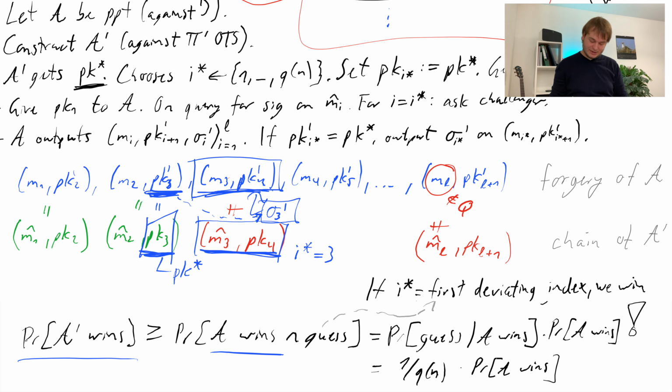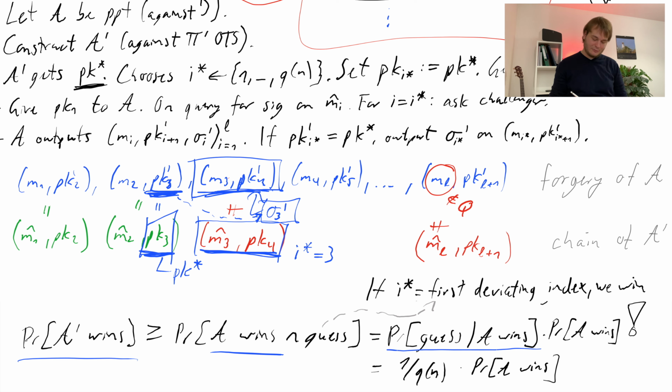And then we can split this up into the probability that A wins and the probability that we guess correctly, assuming A wins. This split up is mostly because the event guess is only kind of well defined if the adversary A actually wins, because otherwise this deviating index does not exist.